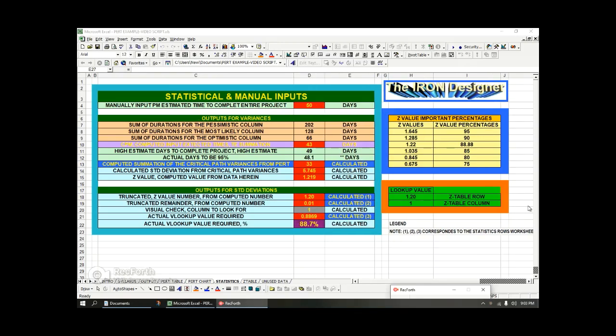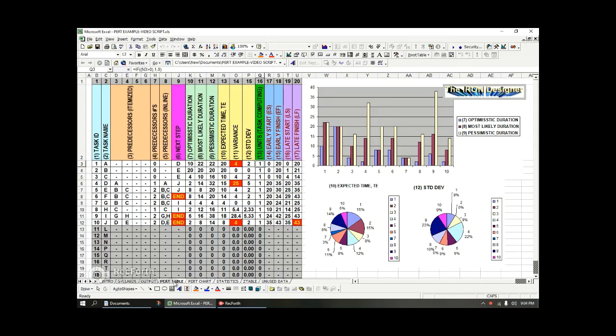So I just wanted to bring you back to this statistics table for just a minute. We were talking about the 50 days from the PM, and I didn't really talk to you about these numbers here. The 66, the 128, and the 202 are just the straight summations from the PERT table.